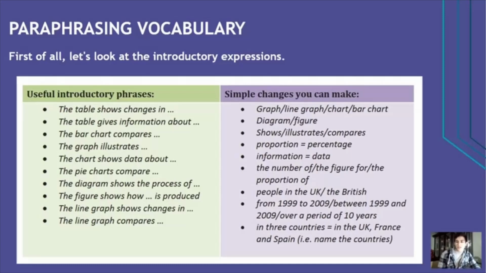And if you have in your question something like in 3 countries or in 3 cities, you can just give the names of the cities or countries, like in the UK, France, and Spain. Just name the countries to make it more clear.